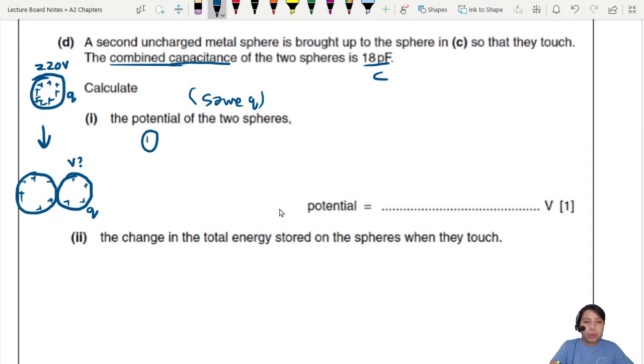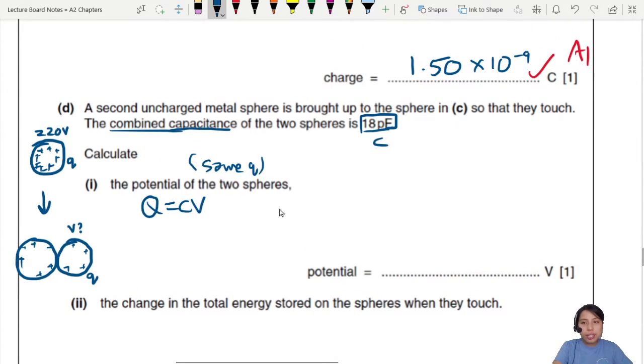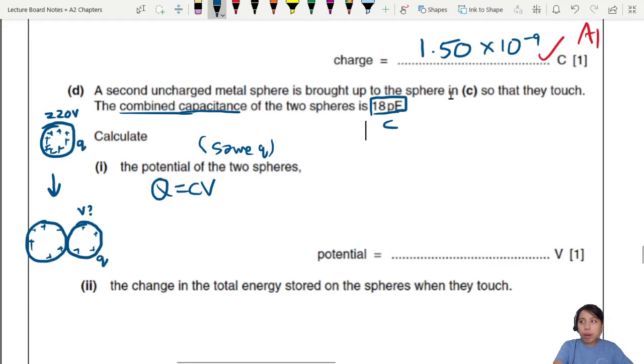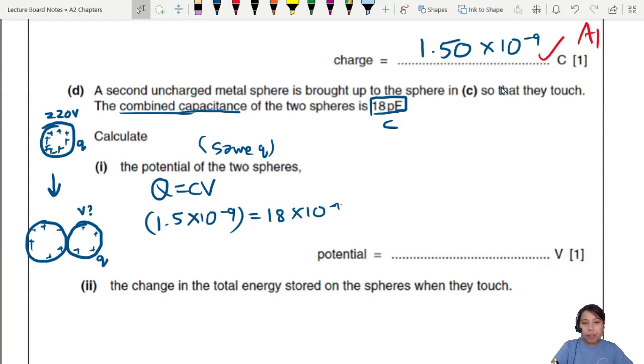So what you can do is, Q equals CV, because we know the new combined capacitance. Charge Q is the same, so we know that previously there's this amount of charge stored on one sphere, now become 2 spheres. Okay, so this is 1.5 times 10 negative 9. New capacitance, 18 picofarad.